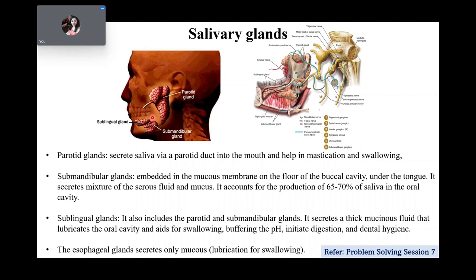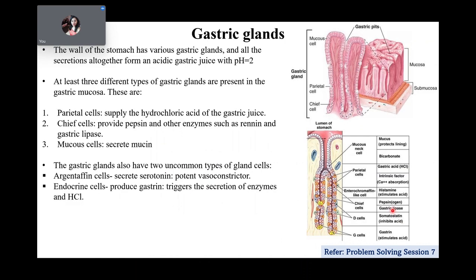So these names like lipase give you the idea of what kind of product or food they will be acting upon. So lipase will act upon lipids, so they will digest the lipids. Then you have the mucus cell, as the name suggests, that will be secreting the mucus and the bicarbonate. All these bicarbonate and HCl make the environment of the gastric gland, the stomach, very acidic.